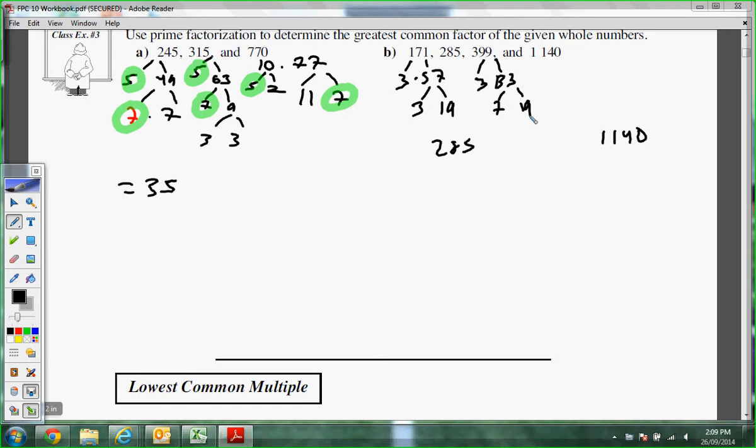Okay. All right, then we'll try 285. Xander, what's 285 trimmed down to? 5, okay, and then 57. We already did 57, didn't we? So we got 3 and 19. Okay, and then 1140. Brandon? 2, sure. What's that? 570.